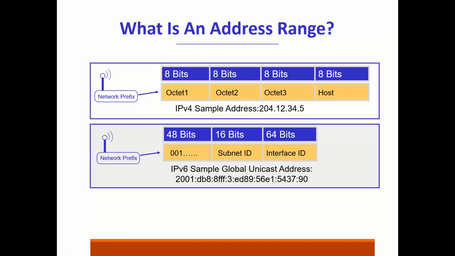So let's think about what an address range is. Let's start with IPv4 because that's much more familiar to us. And so we're used to having something like 204.12.34.5. And so of course your .5 is your host. And then you've got the first three parts, which are your network address and including what subnet you're on.